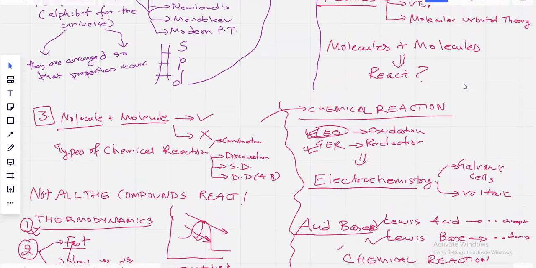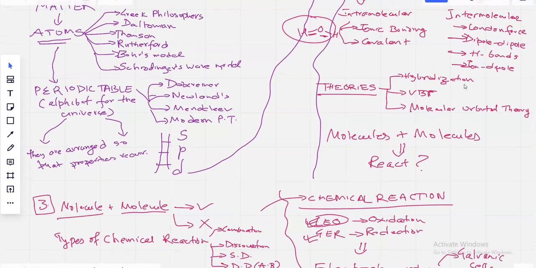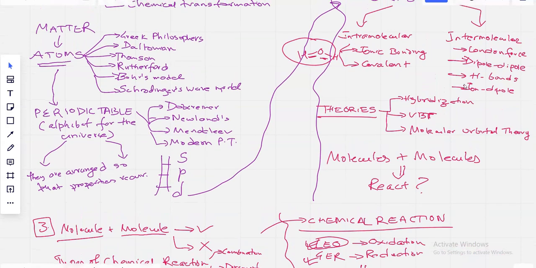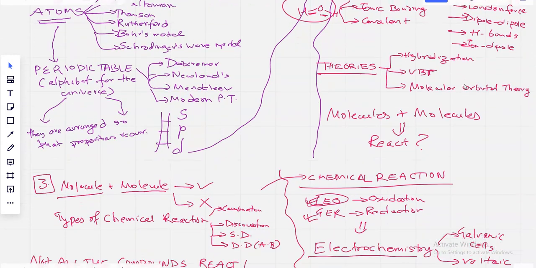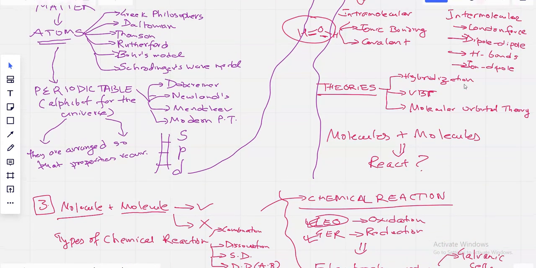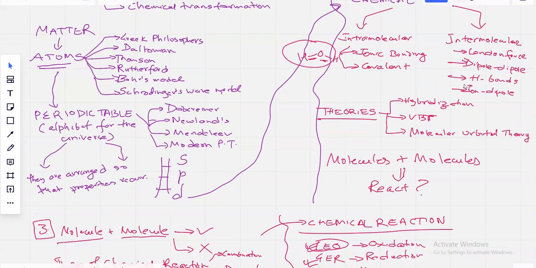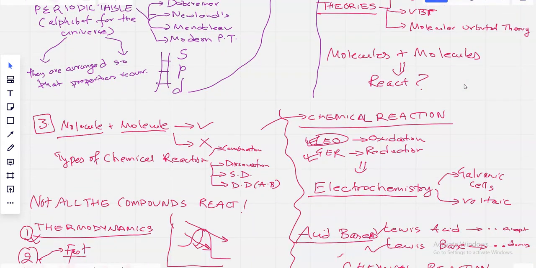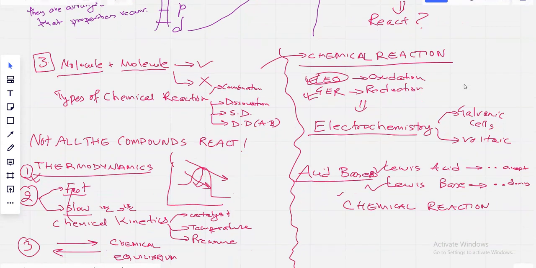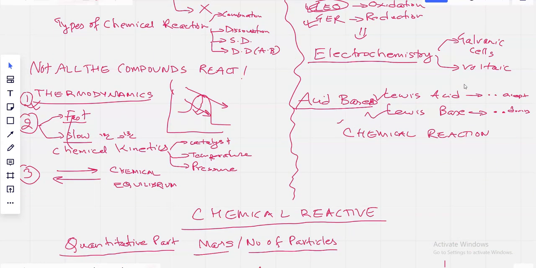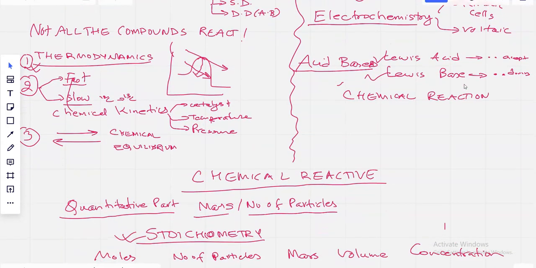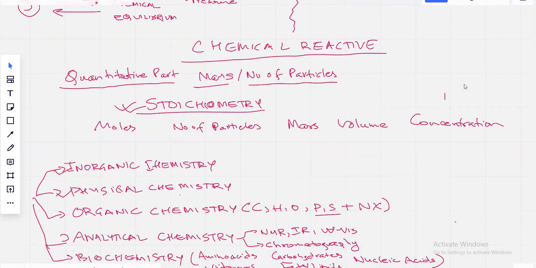We started from atoms to periodic table, to molecule, to bonding, to chemical reactions, and then to thermodynamics, chemical kinetics. So you can always go back and rewatch the video and see what we did. It's hard to have everything on one page. I'm pretty sure I might have missed 1 or 2 topics here and there, but what you can do is try to think where that topic might fit into this explanation that we just had.